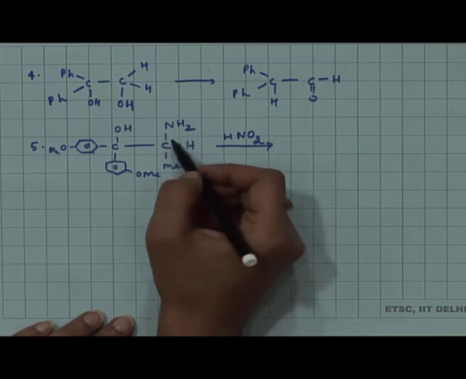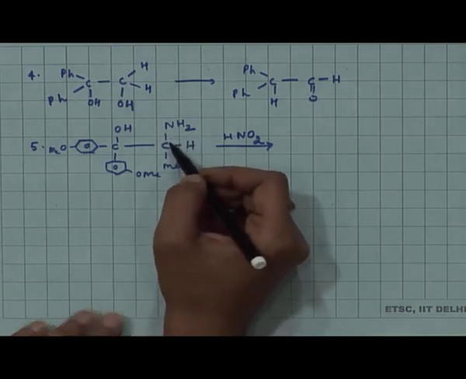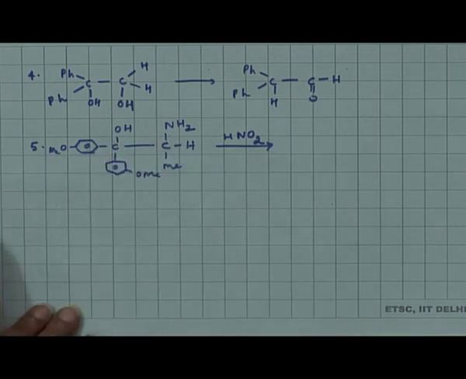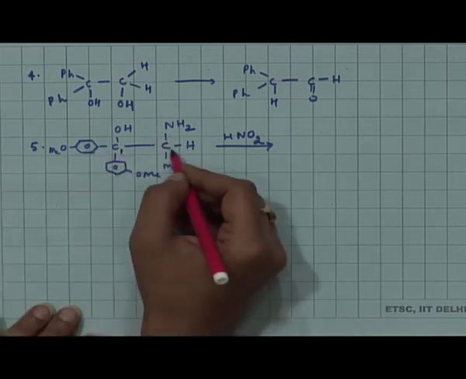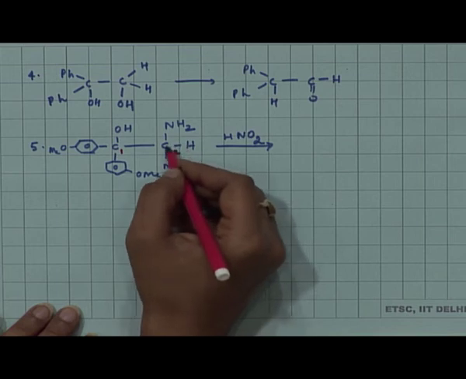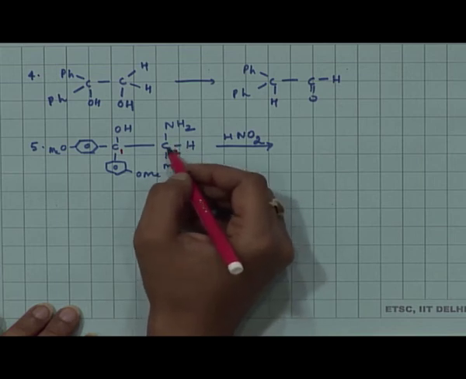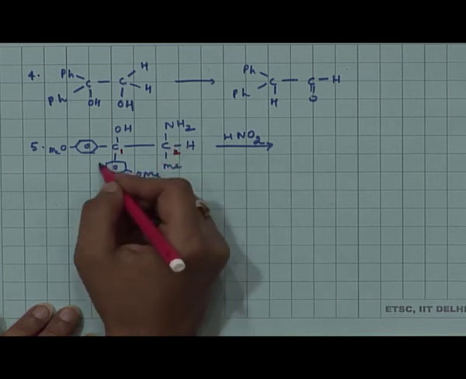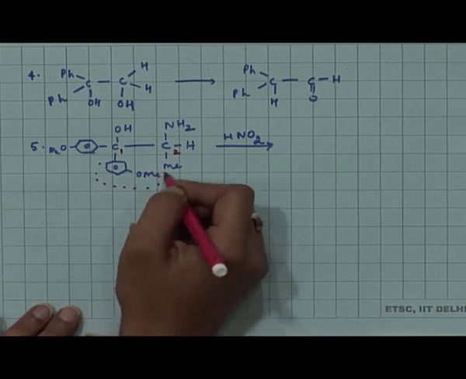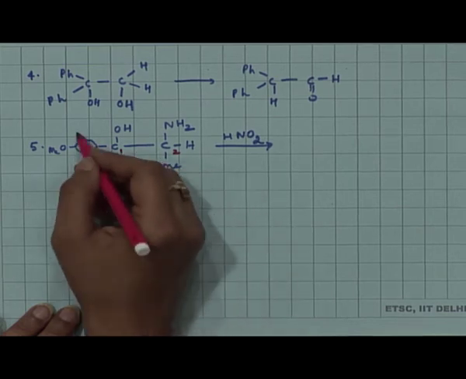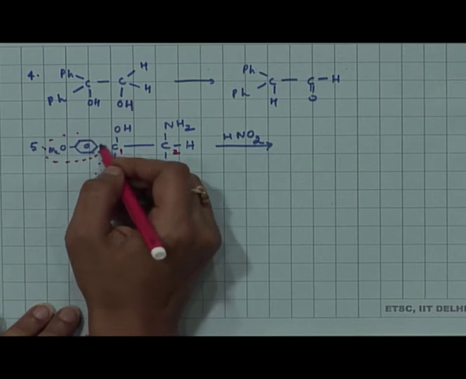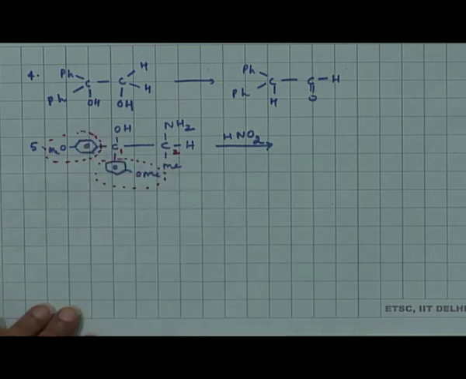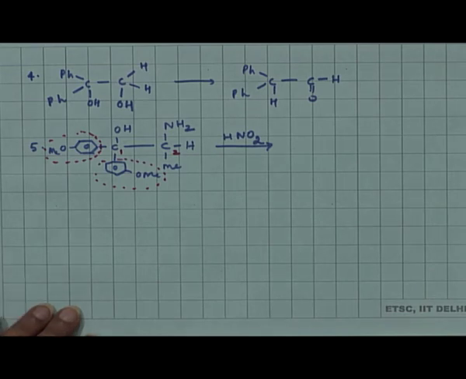This is going to get removed and you get a carbonium ion being generated on this carbon. So, the question is that between carbon 1 and carbon 2, you already have fixed the position of carbonium ion generation, which is carbon 2, and now depending on these two aryl groups, which is the one which migrates. It is the paramethoxy or the metamethoxy benzene which migrates in this case.